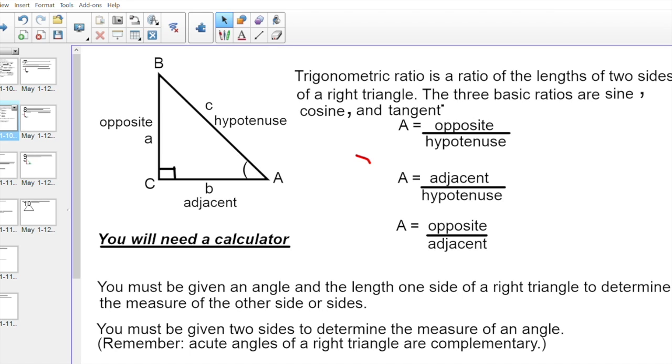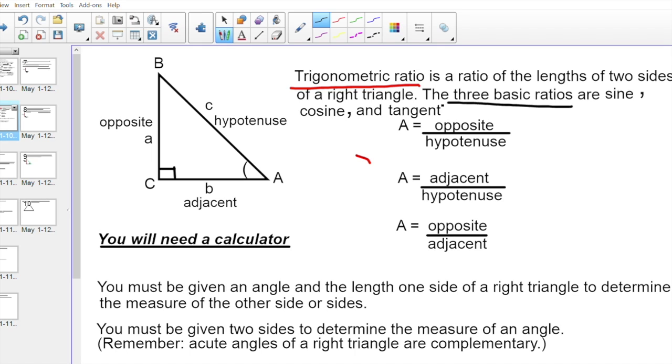And a trigonometric ratio is a ratio of the lengths of two sides of a right triangle. Now, the three basic ratios are sine, cosine, and tangent.